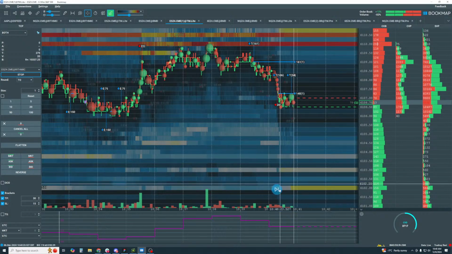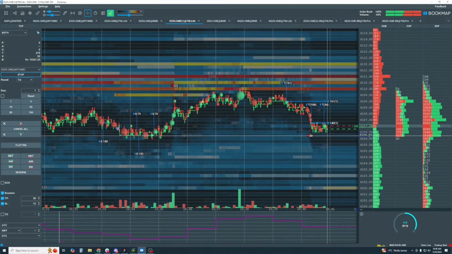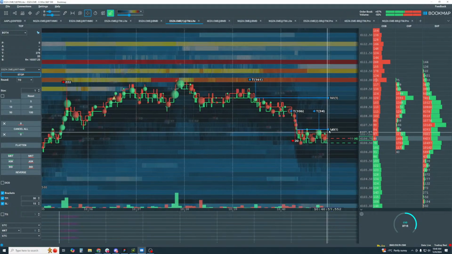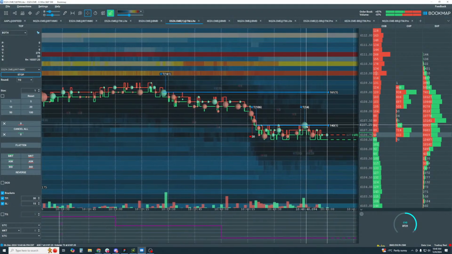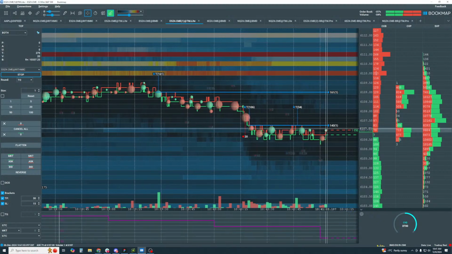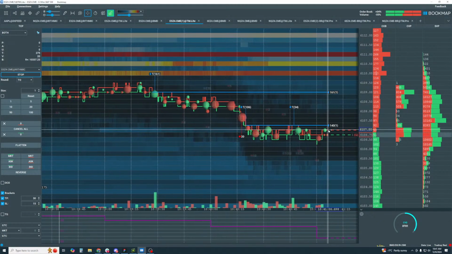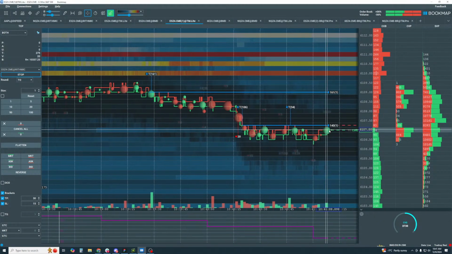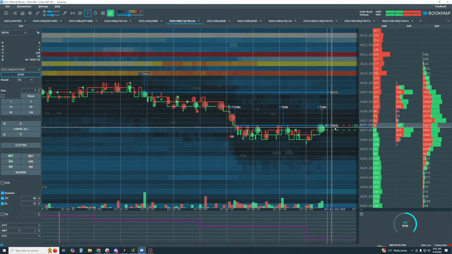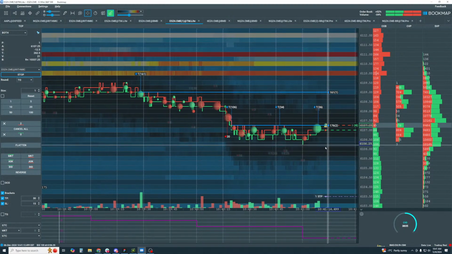So now, do we find interest in this little area, or is there more supply? Got a little demand here by the aggressors. Let's see if we get enough. All right, so let's see if we can take a shot at this.